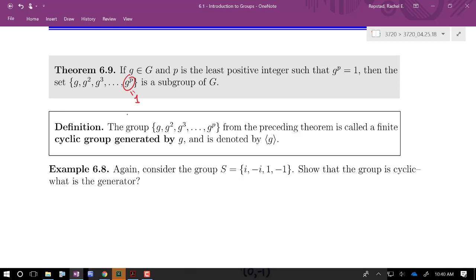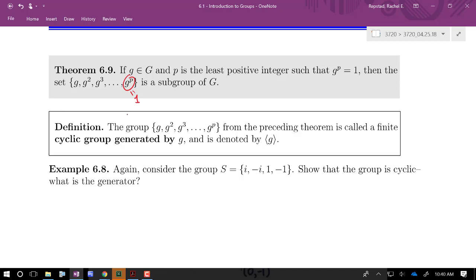Take some power of G, and you could find some other power of G that will get you to the identity element. I mean, it takes probably a little bit of work, but we could get to the point where we kind of believe that seems totally plausible. This subgroup that we get, we call it the group generated by the element G, and we use the little angle brackets here to denote that.